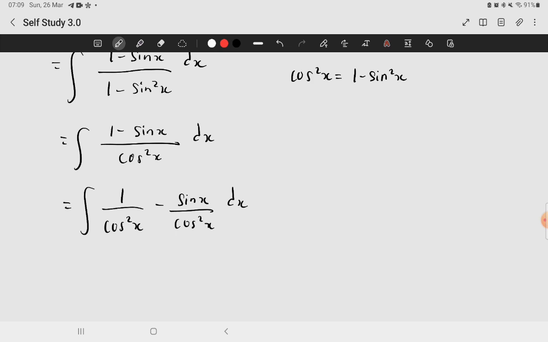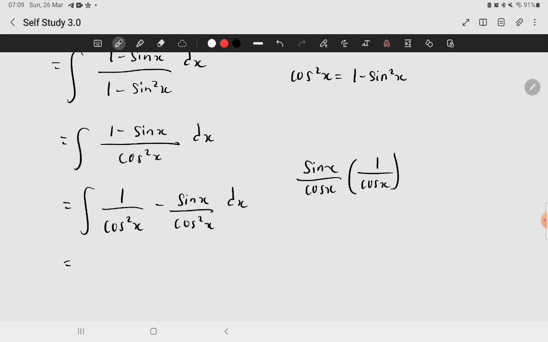And the second term, sine x over cosine square x, we could separate to become sine of x divided by cosine of x times 1 over cosine of x. Then by remembering the tricks, secant of x and tangent of x, we could evaluate the integral.